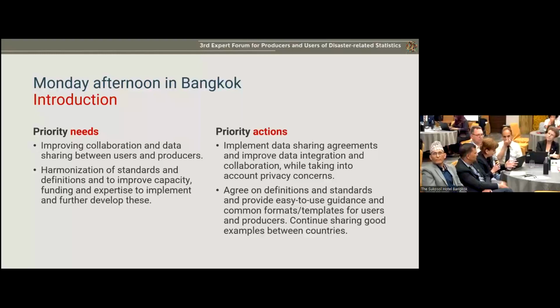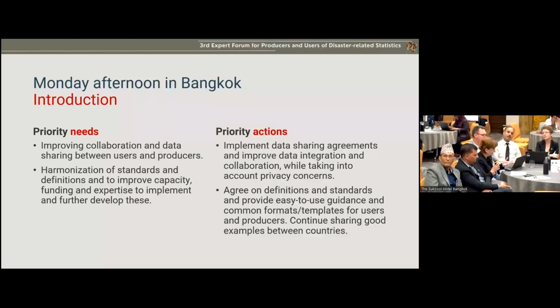What is needed for that? The ideas given were to implement data sharing agreements or memorandums, maybe taking into account privacy concerns. And this is the main approach for statisticians, of course. The next one, harmonization of standards, opportunities to integrate data sets.